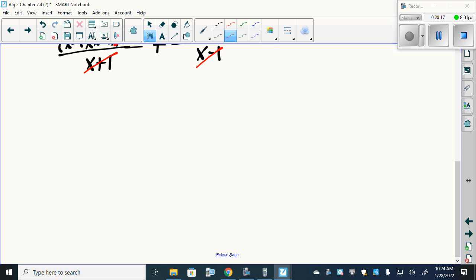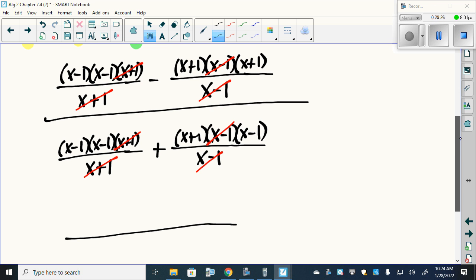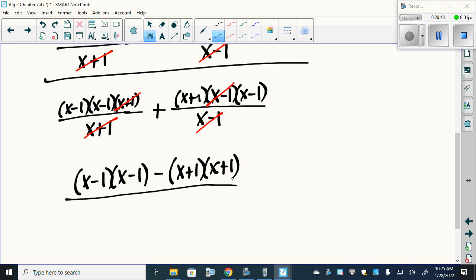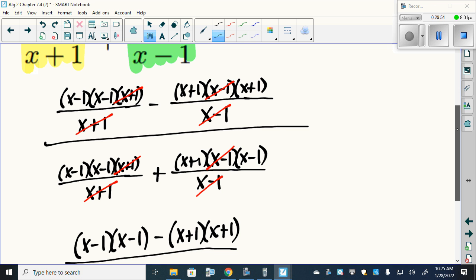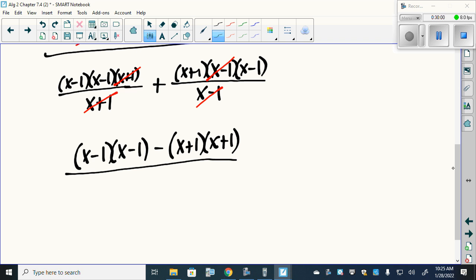Incidentally enough, in the numerator, on the first one, all I'm left with is x minus 1 times x minus 1 minus x plus 1 times x plus 1.